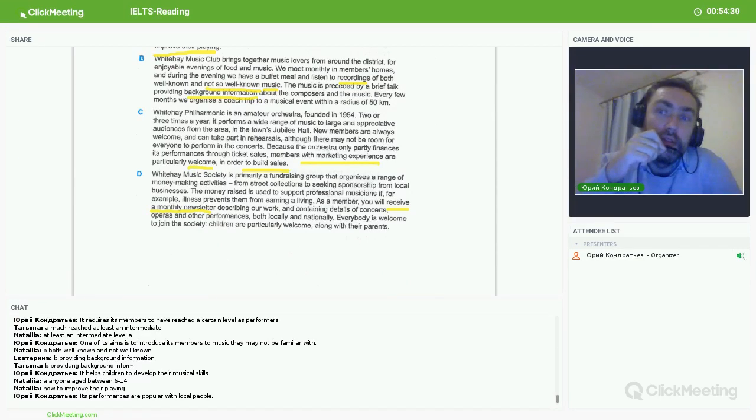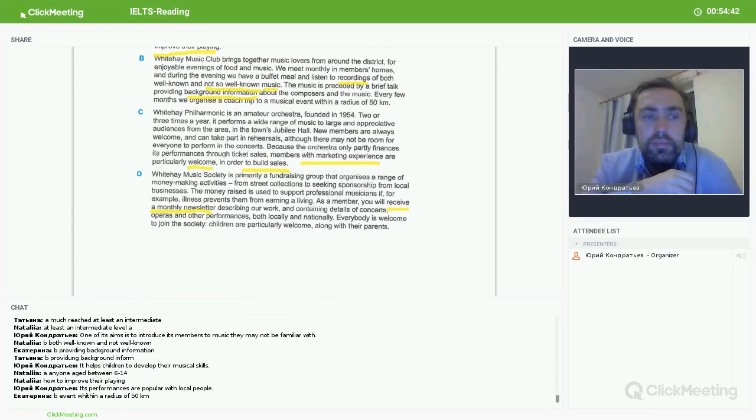Yes, they're concerts. Number B, event within a radius of 50 kilometers.